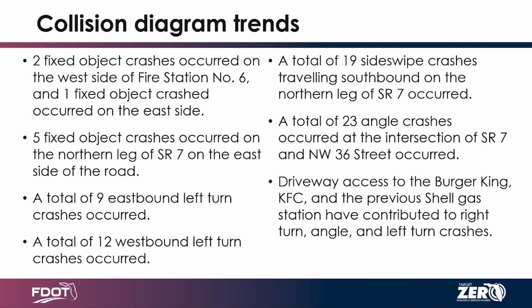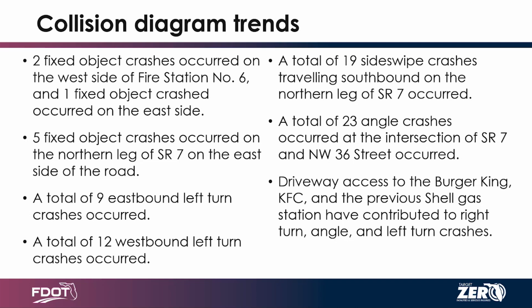So after all the collision diagrams were looked at, these were the main trends that popped out. There were several hit fixed object crashes on the west side of the fire station, one on the east side, and then 5 hit fixed objects on the north leg of SR7.